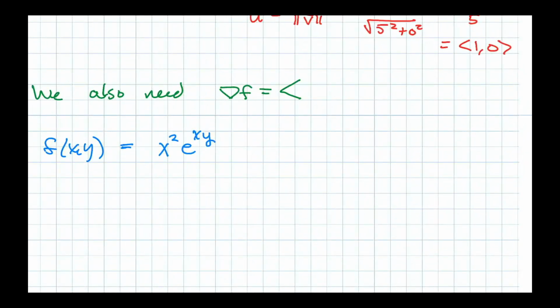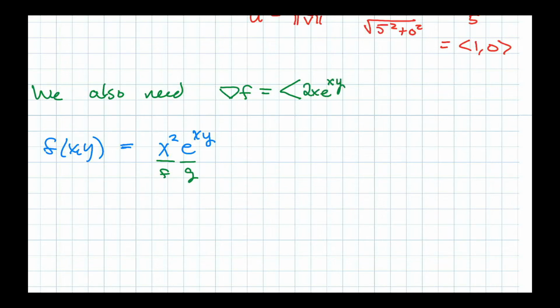I did make it slightly trickier than normal because you have an x here and an x here, and that means product rule. So for the x derivative, we're going to have to do the product rule. It'll be like fg for the product rule. So f prime is going to be 2x g.